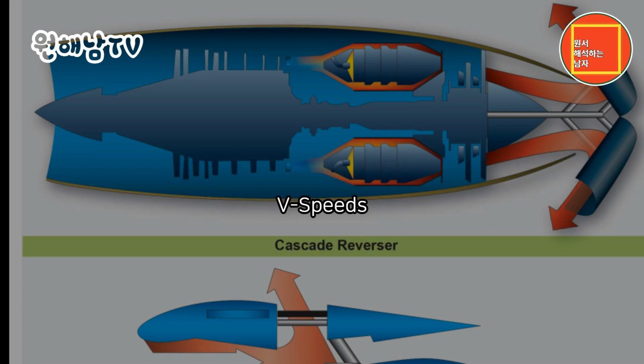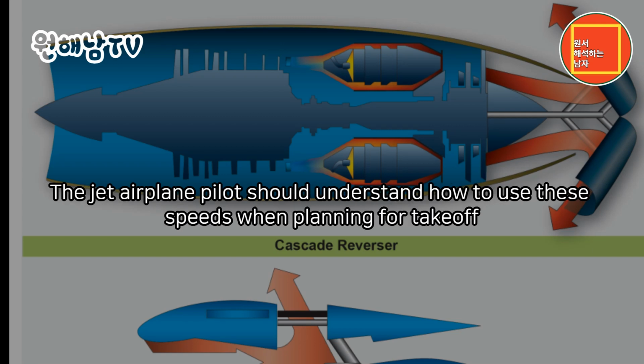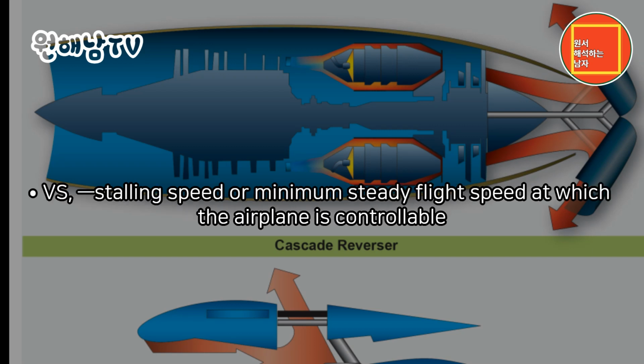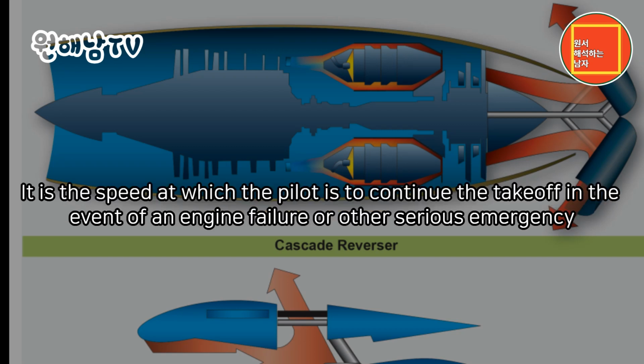V speeds. The following are speeds that affect the jet airplane's takeoff performance. The jet airplane pilot should understand how to use these speeds when planning for takeoff. Vs: stalling speed or minimum steady flight speed at which the airplane is controllable. V1: critical engine failure speed or takeoff decision speed. It is the speed at which the pilot is to continue the takeoff in the event of an engine failure or other serious emergency.